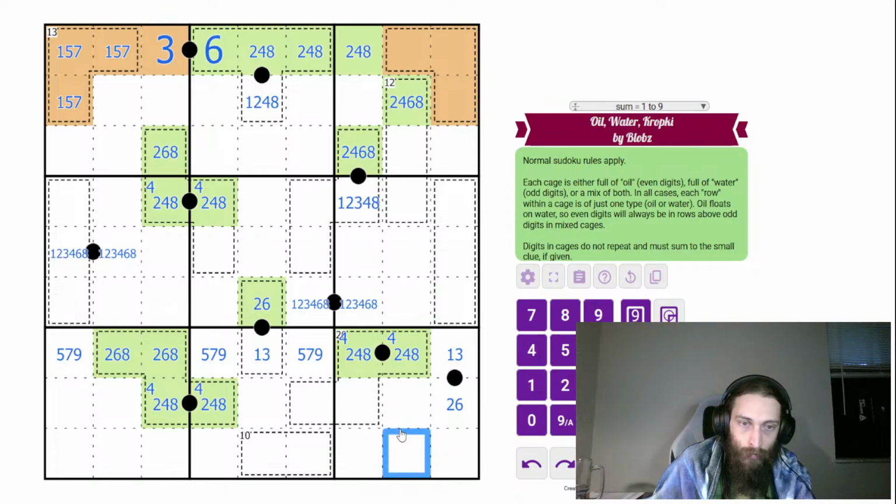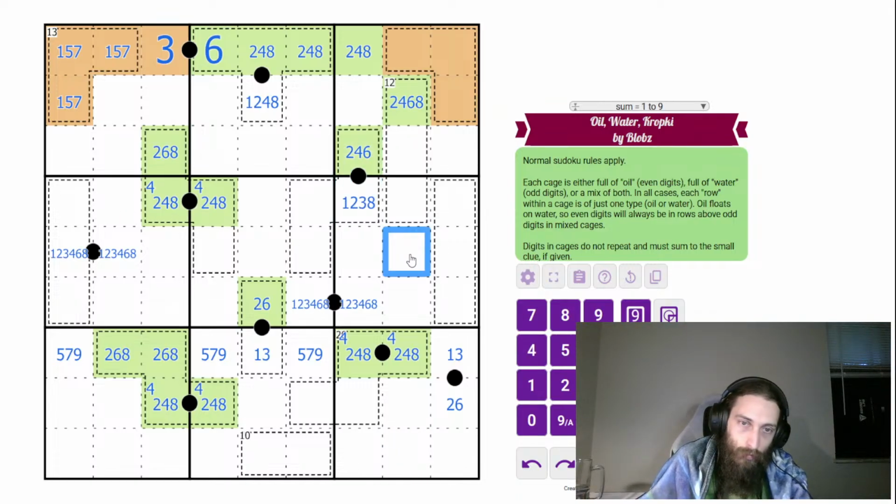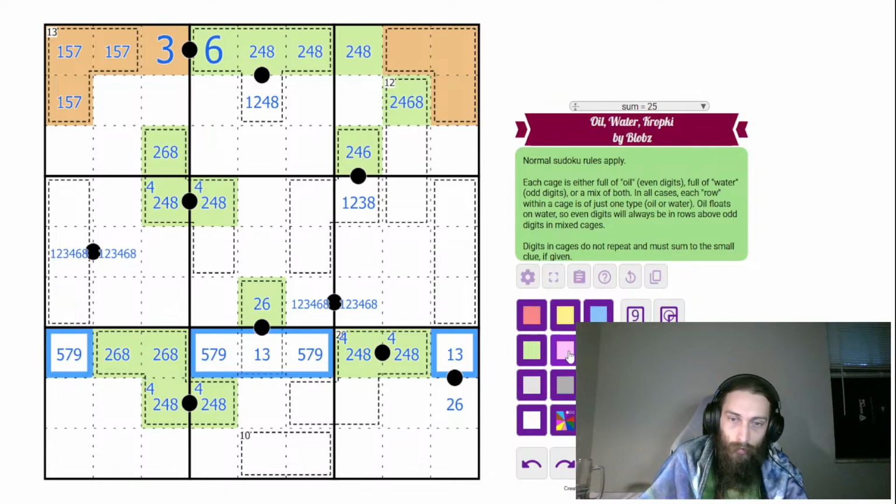Oh, but we know in row 4 that the left-hand Kropke dot has to have a 4 on it. Can't be an 8. Row 7 has 4 evens, the rest have to be odd.